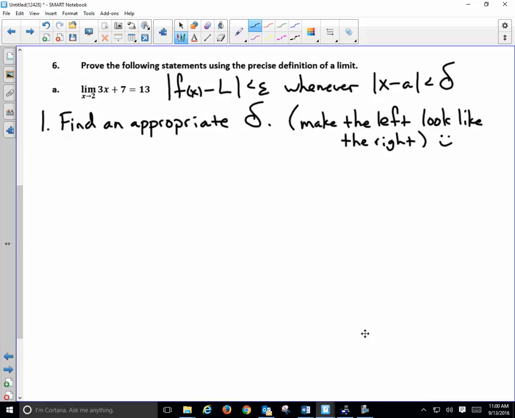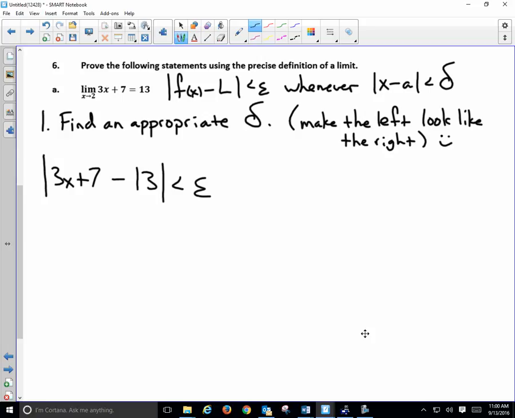And so here's what I mean by make the left look like the right. We're going to use our definition here. Absolute value of, what is f of x in this problem? 3x plus 7, minus L. What is L? 13, is less than epsilon.